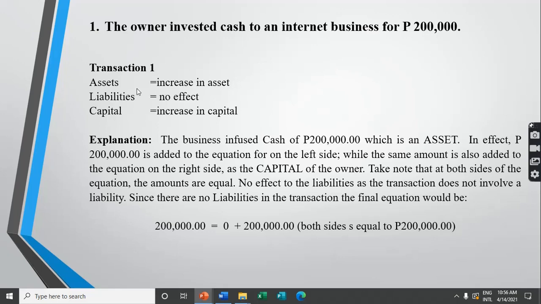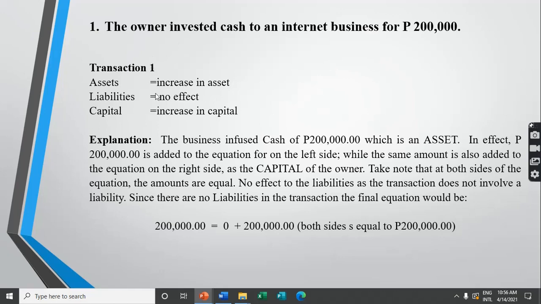Diba? Sa account title natin, sa accounting, under asset is considered your cash. Okay? Kaya sabi ko, you should familiarize kung ano ba yung mga accounting title na nakapaloob sa asset and sa liabilities and dun sa capital. So, dito sa transaction number 1, the owner invested cash to an internet business for 200,000.